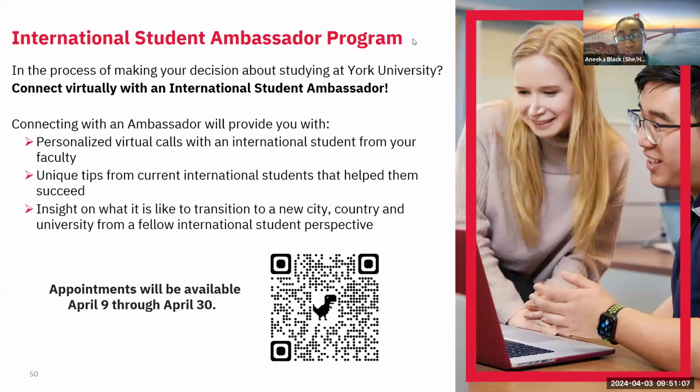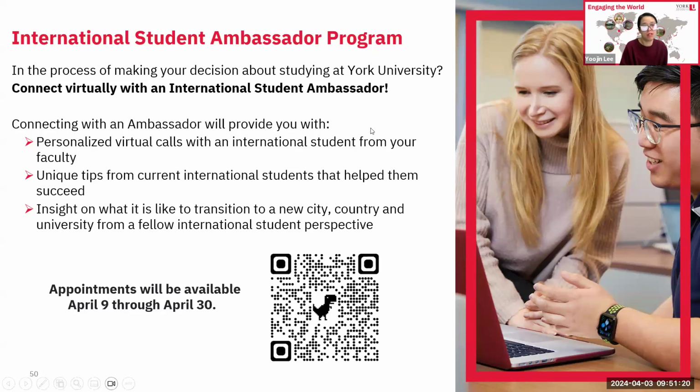So first, we will have Yujin talk to us for a few minutes about the International Ambassador Program here at York International. Hi, everybody. So for the month of April, we have this program called the International Student Ambassador Program, which is current international students who are here at York University.